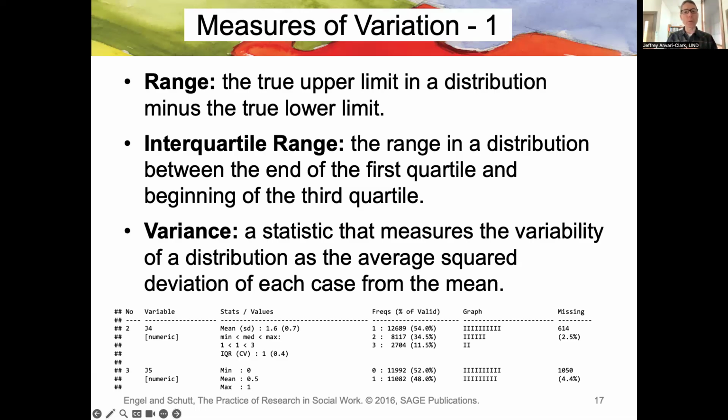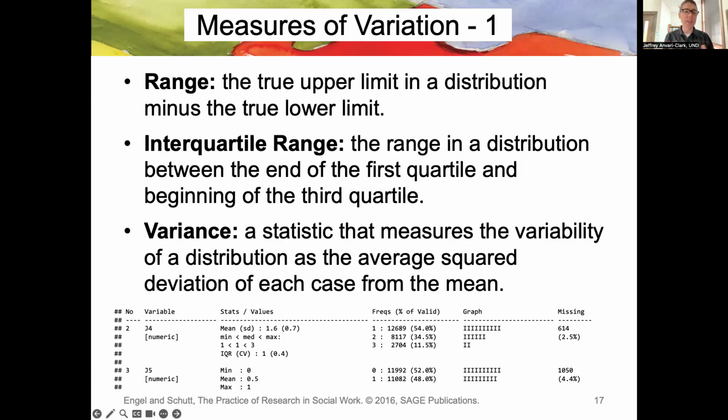And then you've got the interquartile range, where it's divided into four equal groups. And then the variance is how much variation we have in the whole process.